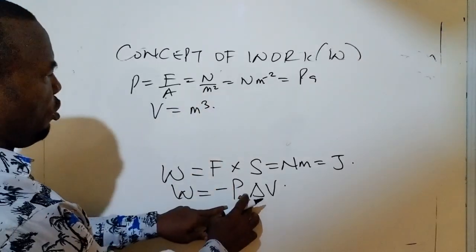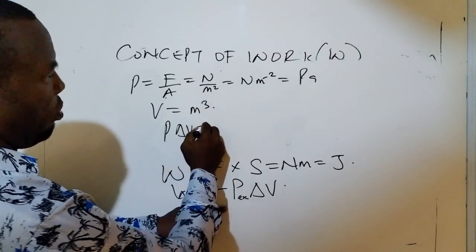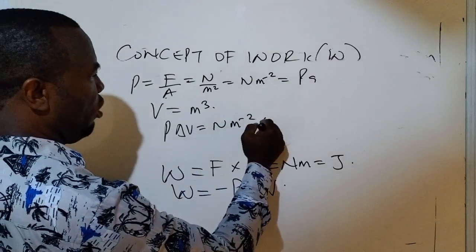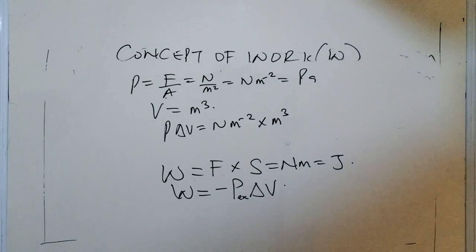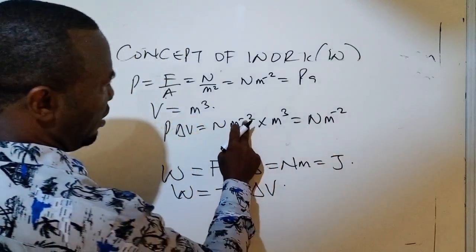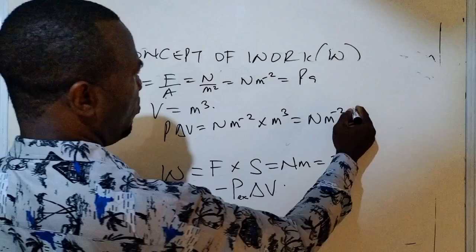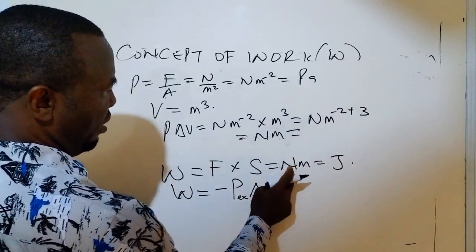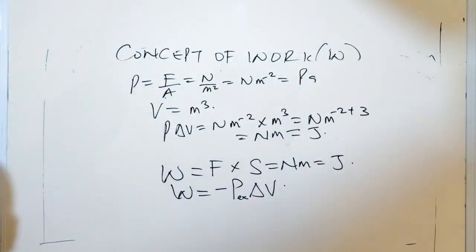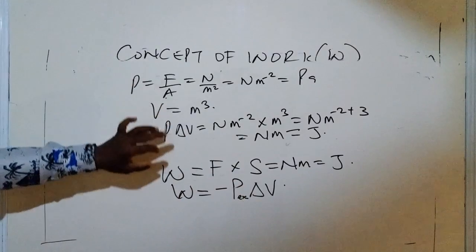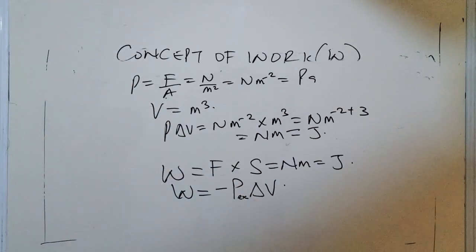If I multiply these two units, pressure times volume, Newton per meter squared times meter cube, I can add the powers since they have the same base. Minus 2 plus 3 gives you Newton meter, the same as you have there, which is joules. So work is also pressure times change in volume, apart from using force times distance. So that means this is a correct formula for finding work as well.